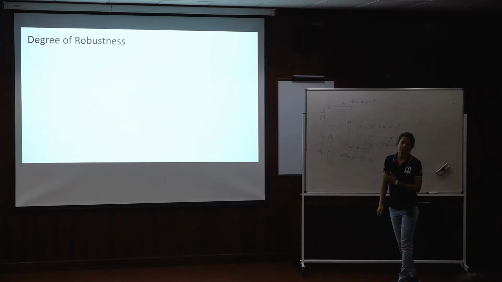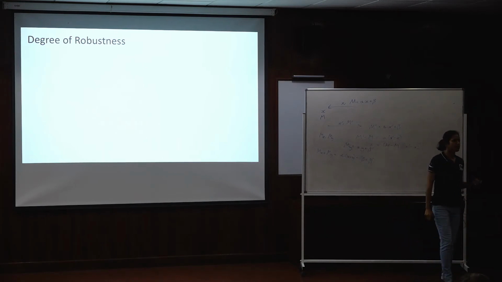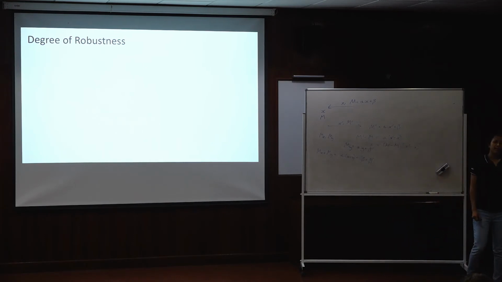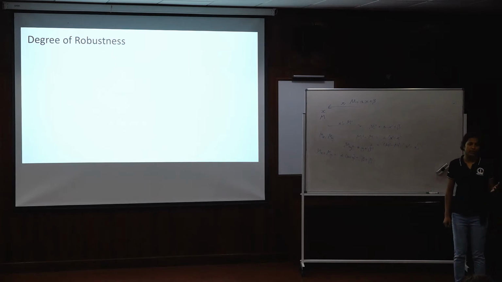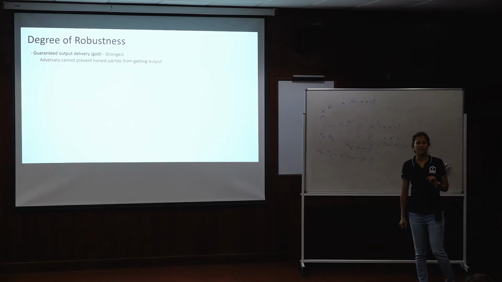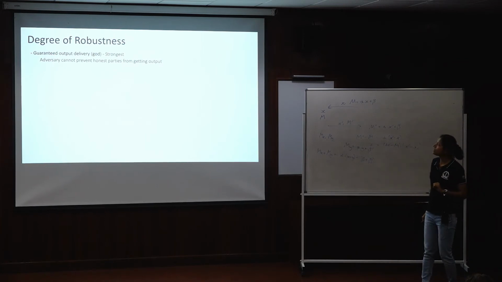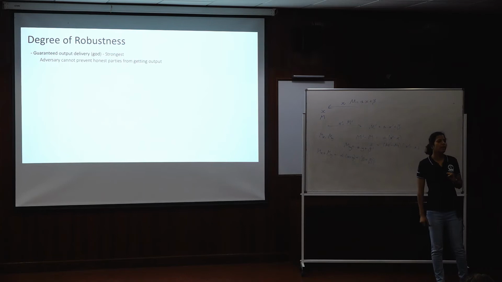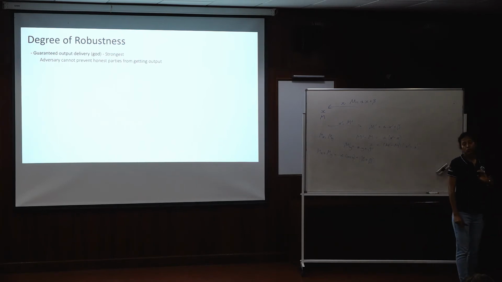Now, tolerating the malicious adversary, we can aim for different kinds of security based on the degree of robustness that we want. First, the strongest one, guaranteed output delivery, or in short GOD. Here the adversary cannot prevent the honest parties from getting the output no matter what.